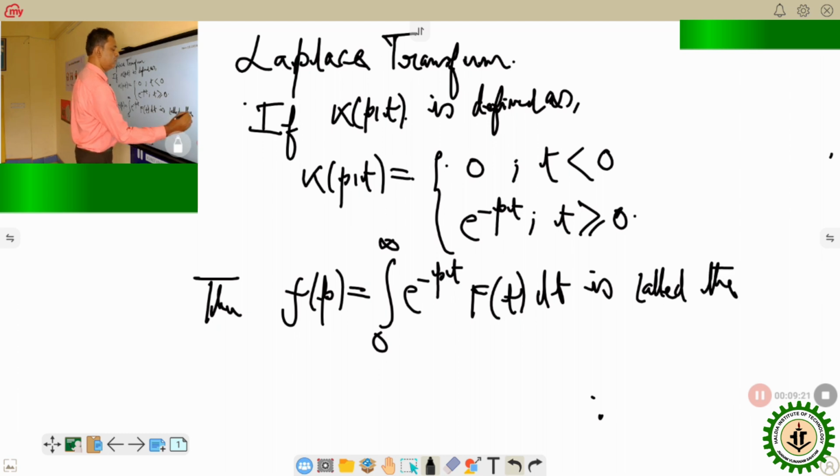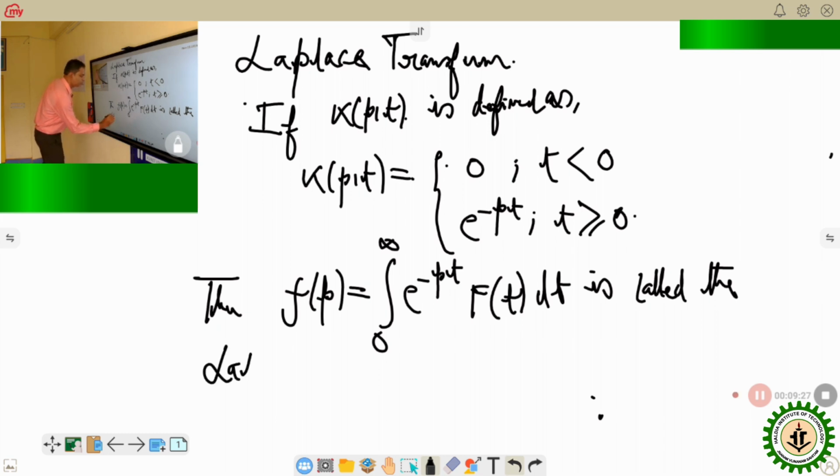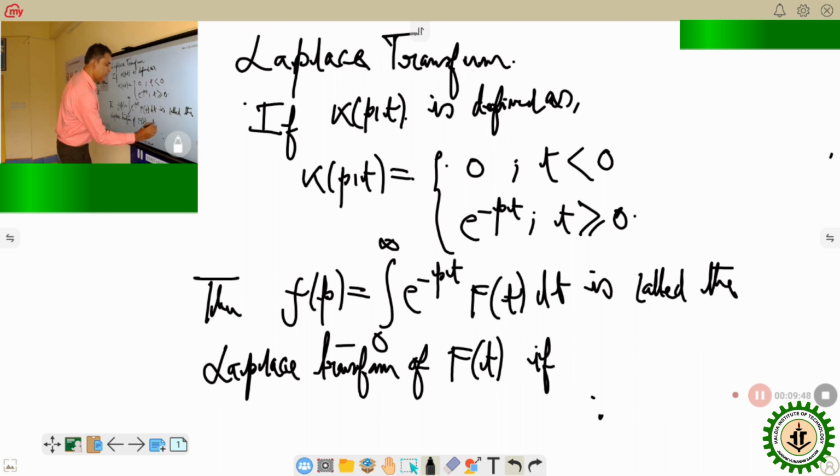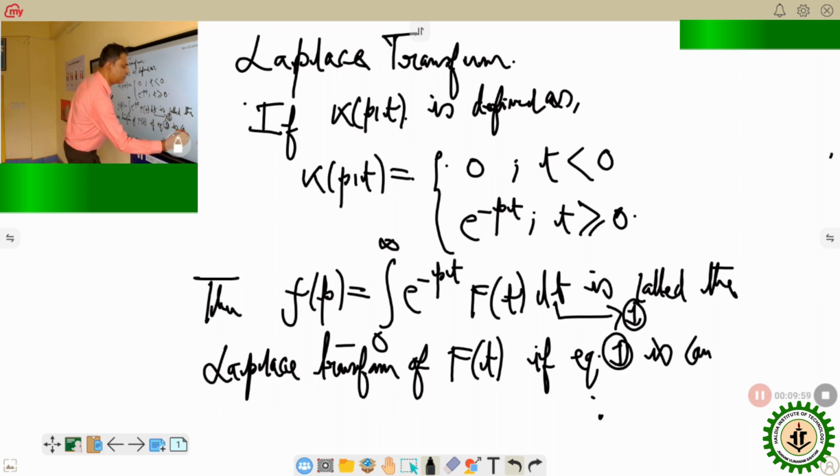is called the Laplace transform of f(t), if we name this equation as equation 1, if equation 1 is convergent.